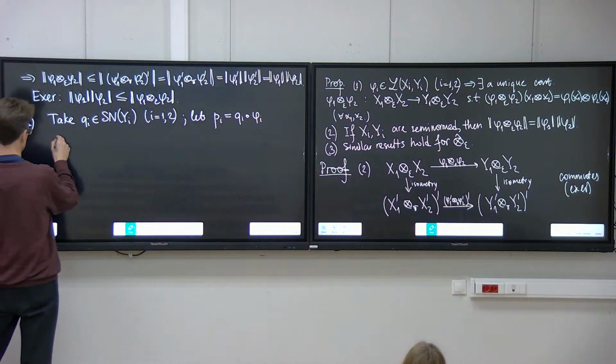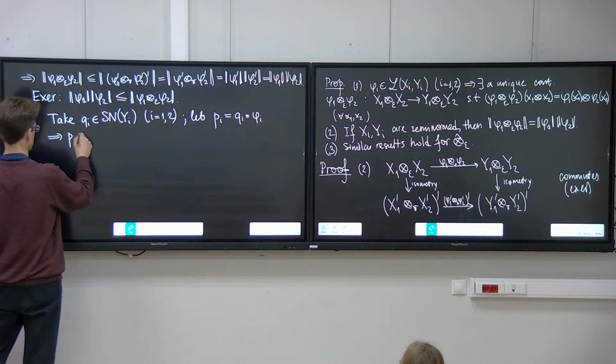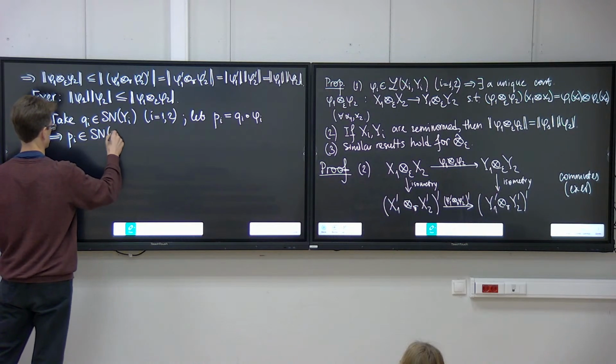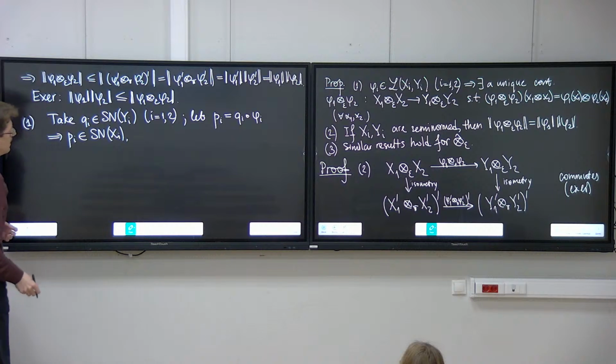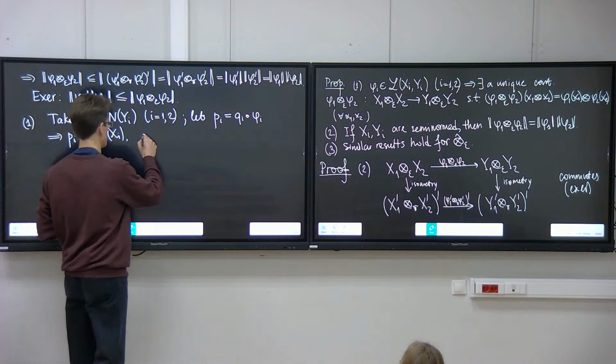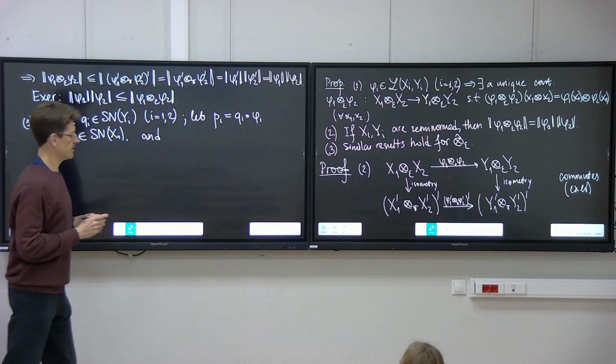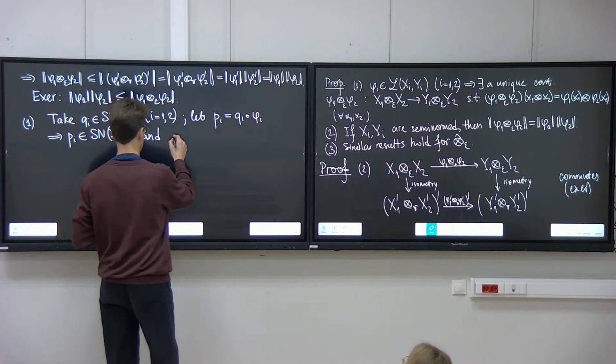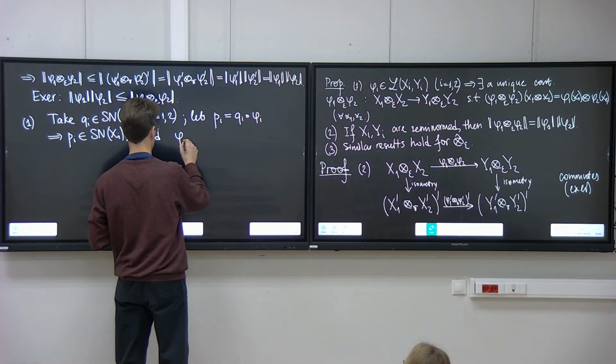So clearly this is a continuous seminorm on xi. And if we equip xi with the seminorm, then phi i is a continuous map between the respective seminorm spaces.